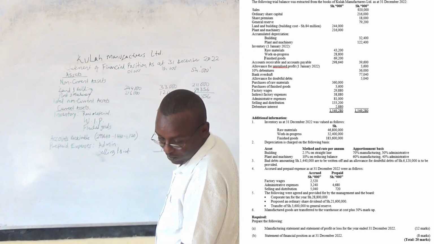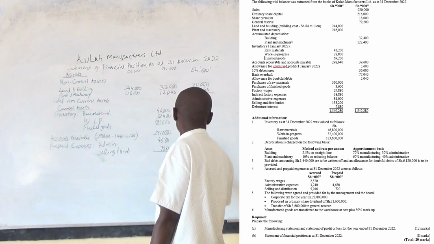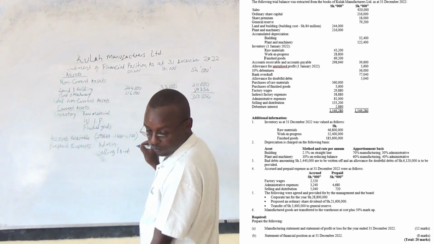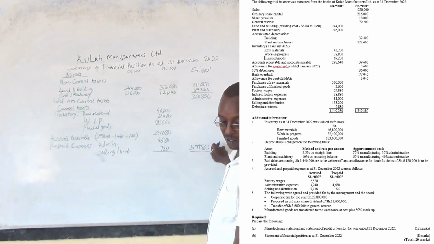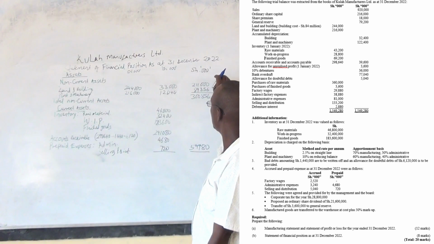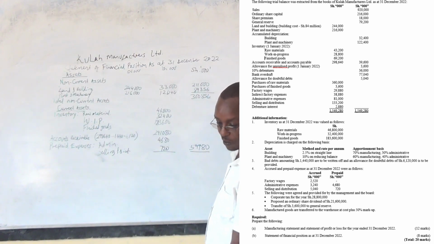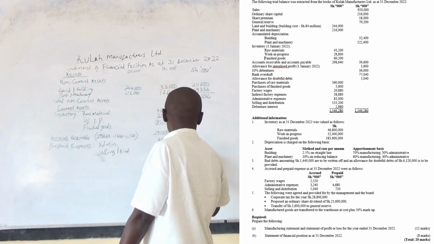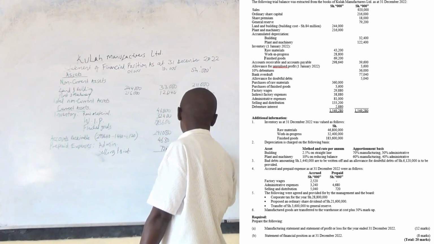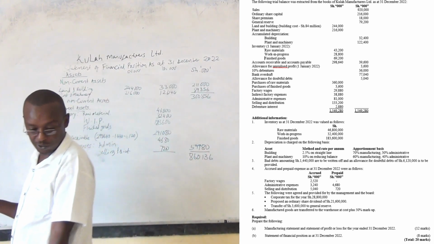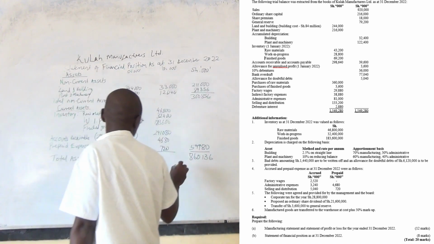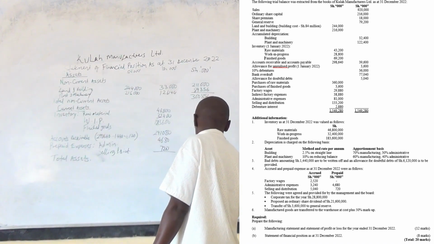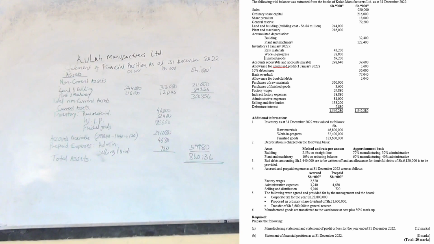Total current assets 599,280. This is the total current assets. If you add them to non-current assets, you get the total assets of 860,136. Those are the total assets.